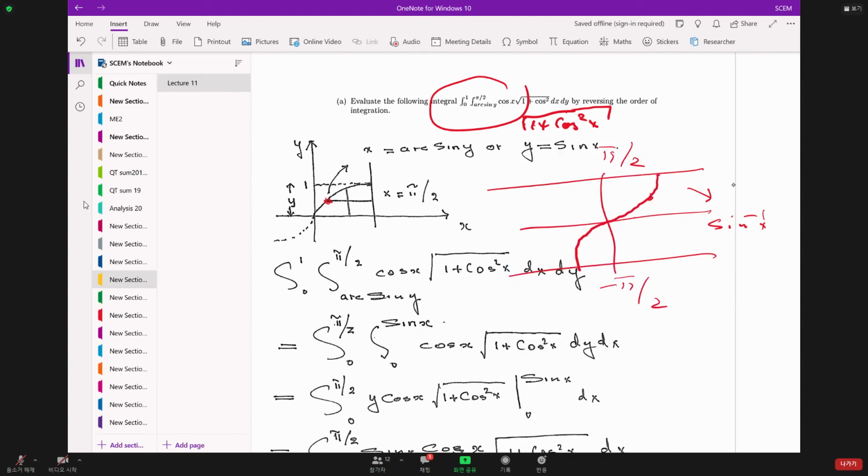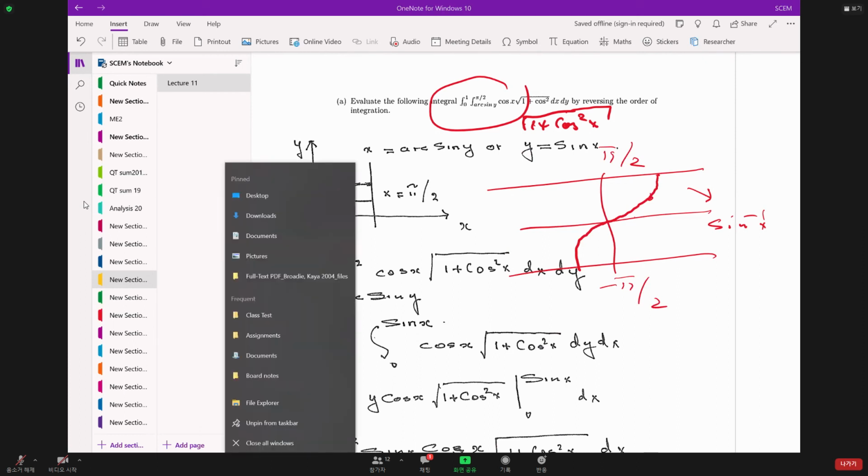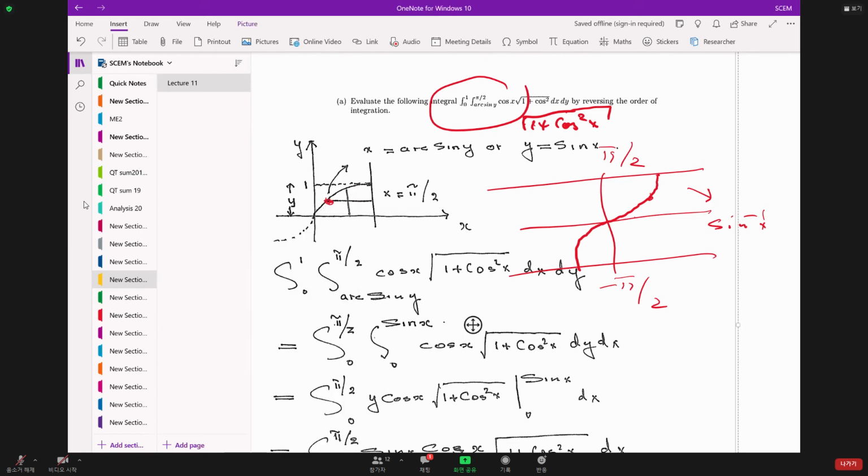So you're integrating from this point here, x equals arc sine y. So a point on this curve here. It should be like this. This is arc sine y, or y is equal to sine x.